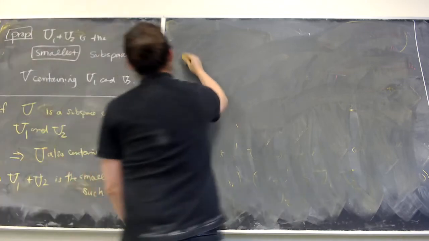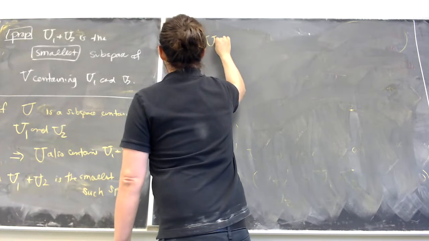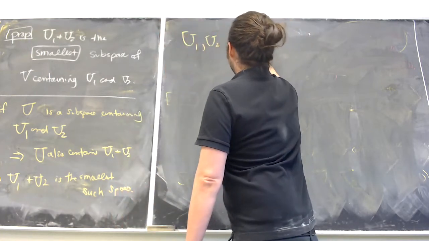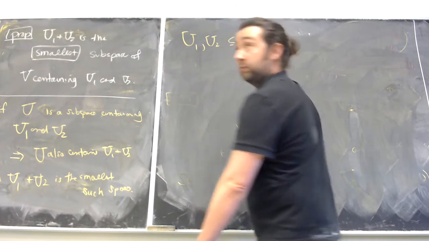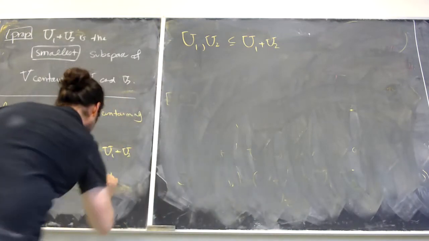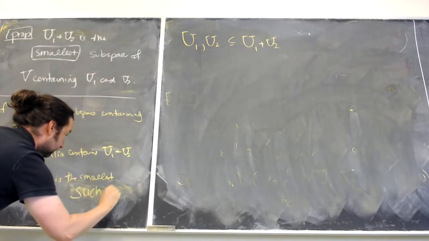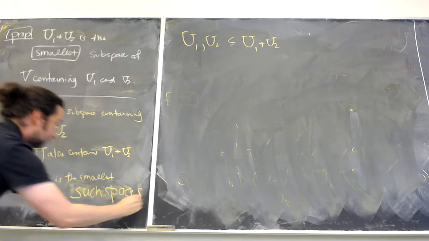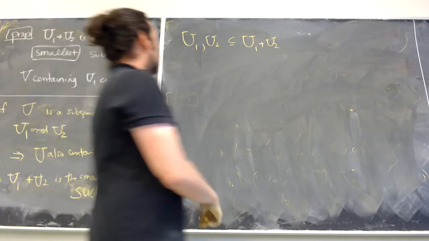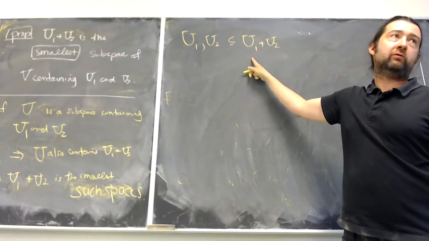In set bracket notation, what we're saying is, you've got U1 and you have U2. So basically, logically, what we're going to do is this. We're going to show that U1 and U2 are contained in U1 plus U2. That's pretty trivial.